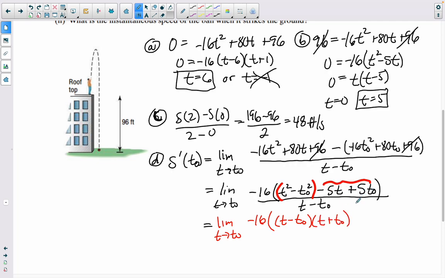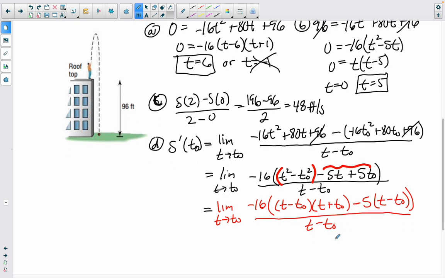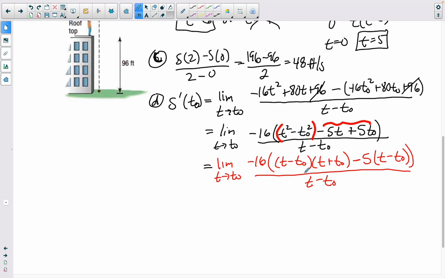Over here, I'm going to factor out a negative 5. And that's going to leave me with a t minus t naught all over t minus t naught. All right, so does everyone see what we did there? This is good because, again, I need to cancel out this t minus t naught. Okay, so now I get the limit as t goes to t naught.